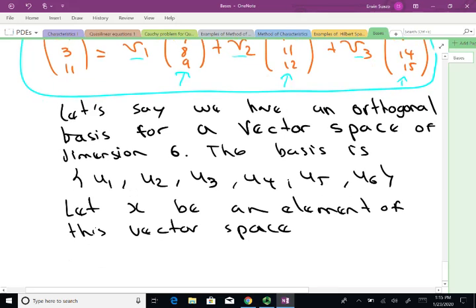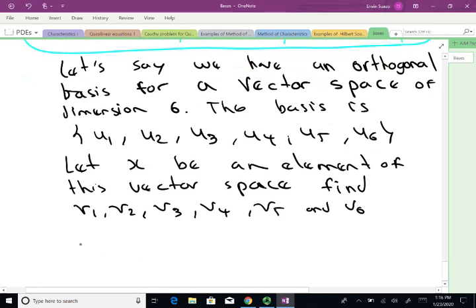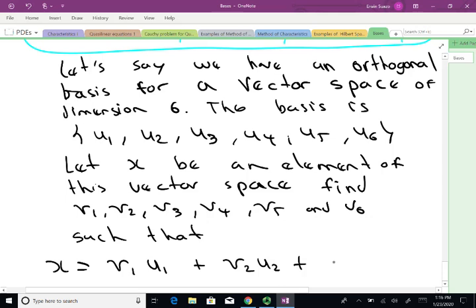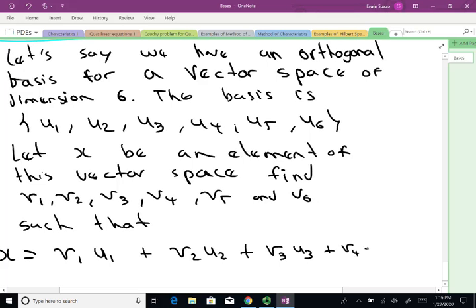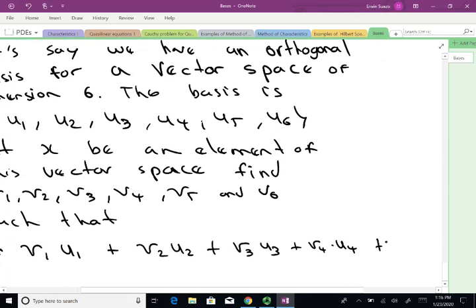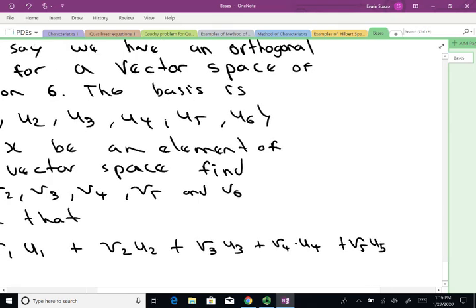Find b1, b2, b3, b4, b5, and b6 such that x equals b1 times u1 plus b2 times u2 plus b3 times u3 plus b4 times u4 plus b5 times u5 plus b6 times u6.